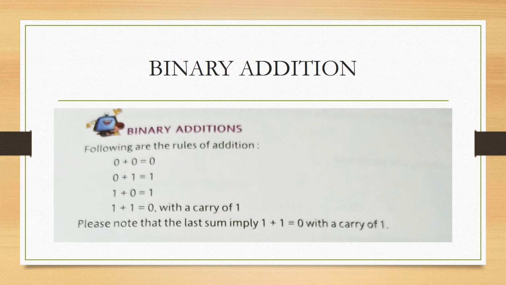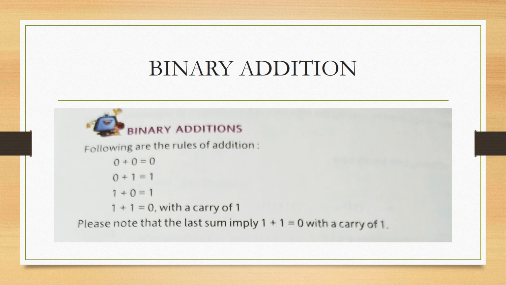We have to follow some rules to add binary numbers. If we add 0 plus 0, the result is 0. If we add 0 plus 1, the number we get is 1. If we add 1 plus 0, the answer or output will be 1.